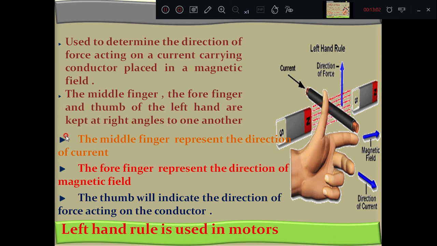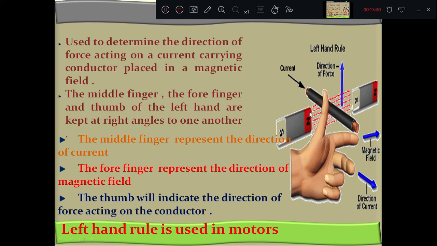This is the working principle of a DC motor. We have to remember that to get mechanical energy from electrical energy, two things are necessary. One is the magnetic field, the other is a conductor, and the input is the electrical energy in the form of current passing through the conductor.